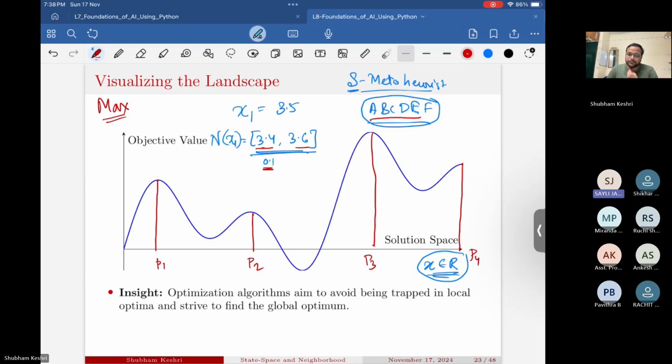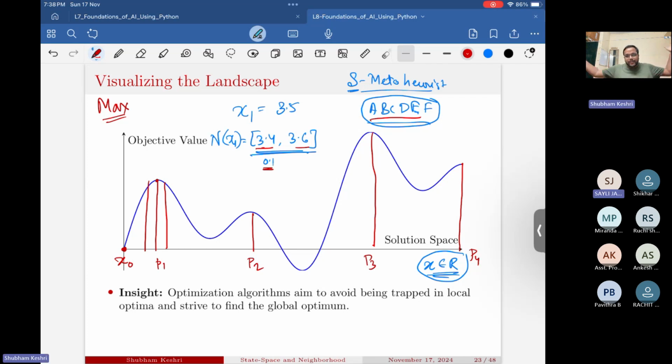When we begin with 0, 0 point, where exactly will the search stop, at P1 or at P2 or at P3? It depends upon the distance you are taking from the point. Suppose your distance is only this much, it will stop at P1, because beyond that it is not getting any better.